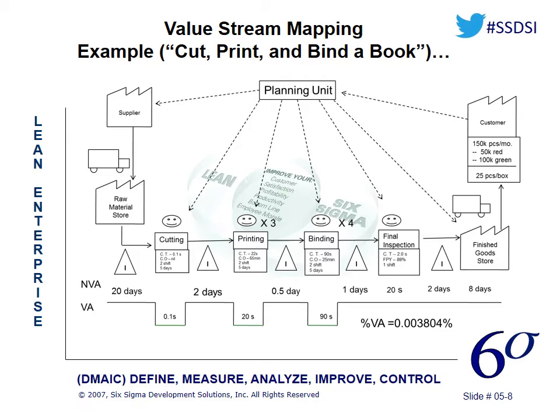And you'll see these triangles with a capital I in each one of them. That is basically an inventory storage location. That's where the parts, the widgets, sit there and do nothing.